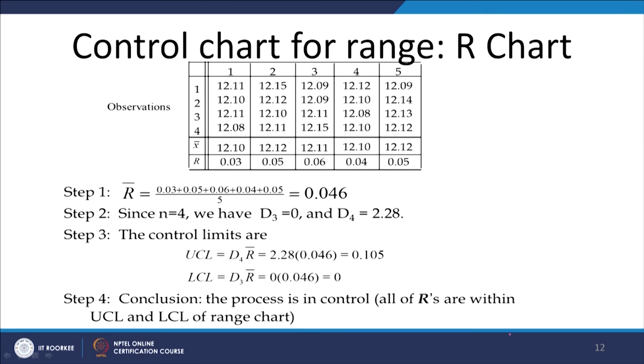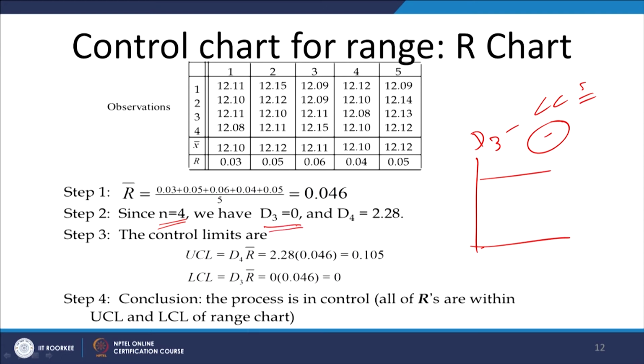When the sample size is less than 5 or 6, the D3 value comes out to be negative. In that case the lower control limit is set at the 0 level. Since in this case n is 4, D3 is taken as 0 and the D4 value is 2.28.